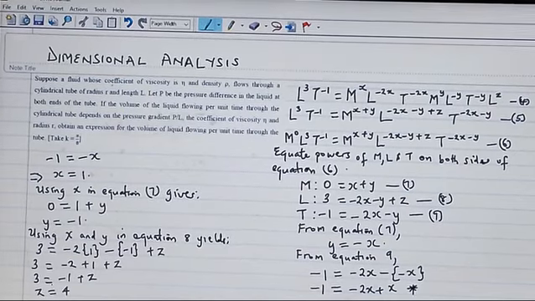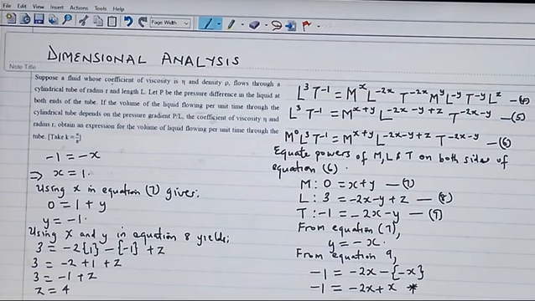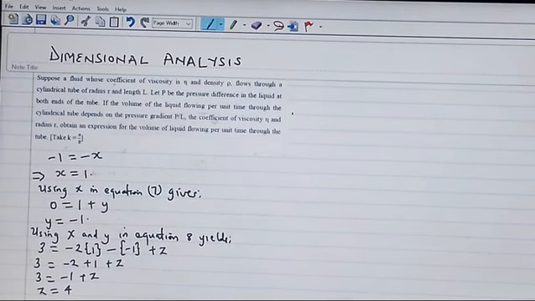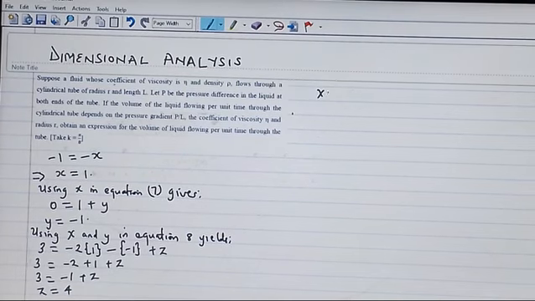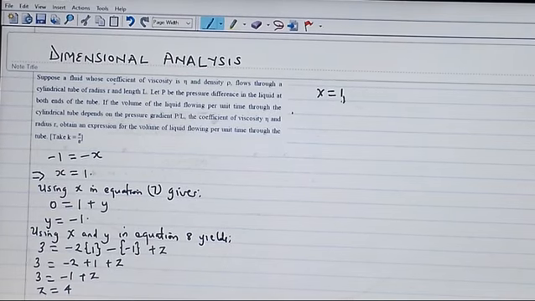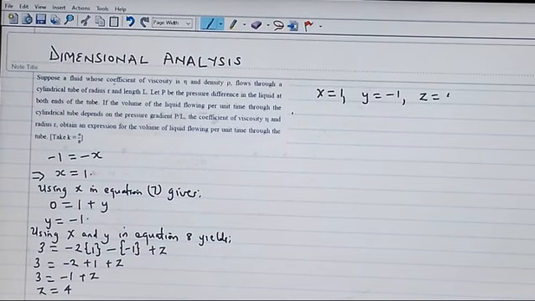Then we substitute the values of x, y, and z into our original equation to get an expression for the volume of liquid flowing per unit time. So x is equal to 1, y is equal to minus 1, and z is equal to 4.